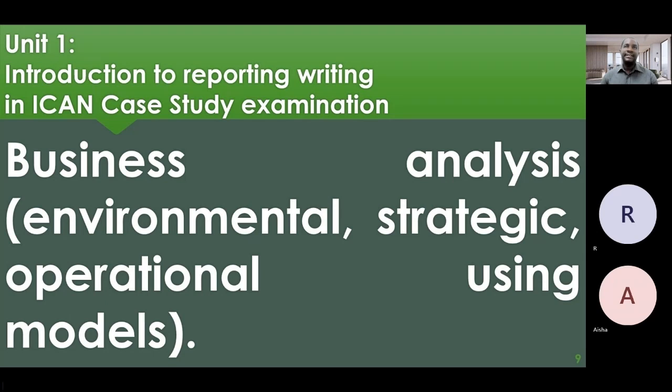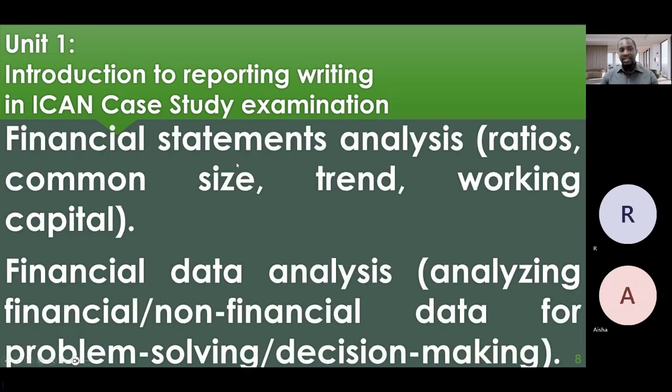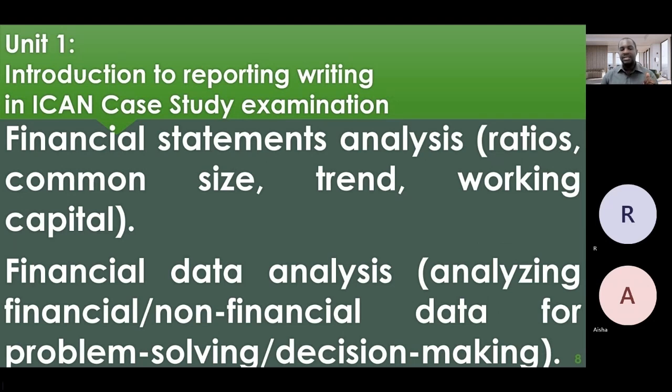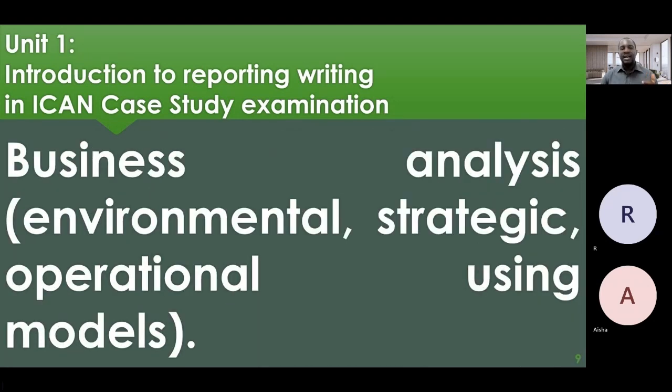And he didn't test models in the last diet, so he may test it this diet so that you can be conversant with the strategic management tools and also the performance management tools to help you harness your business analysis. Is very important. So it's key. So the 3 analysis a case study student should be able to master: number 1, financial statement analysis; number 2, financial data analysis; and number 3, business analysis, looking at the environment, the company's strategy, its operations, using models.